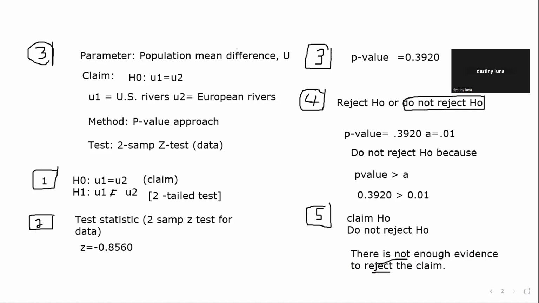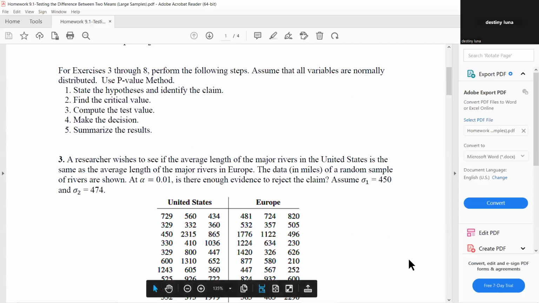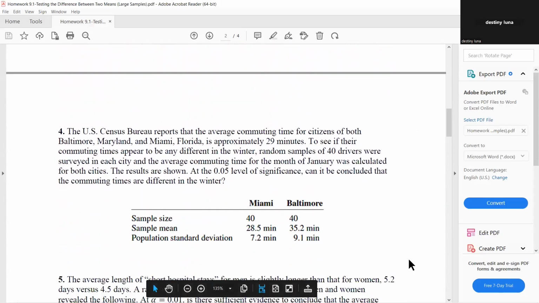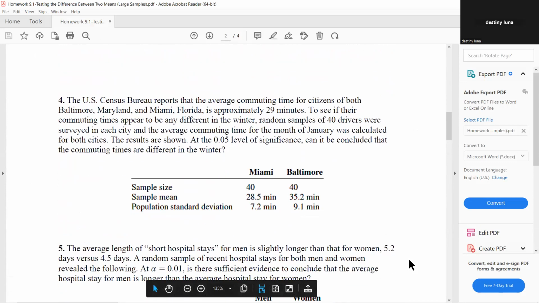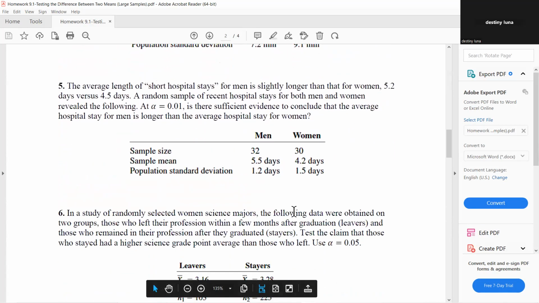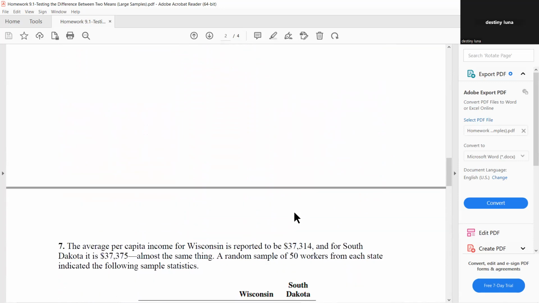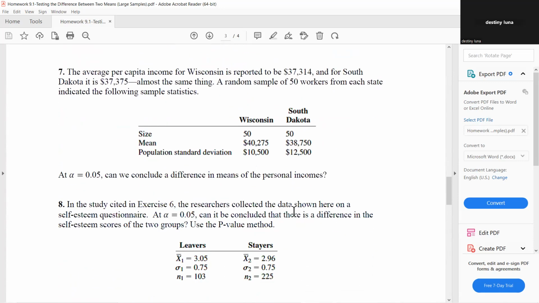If you look at the homework for this section, number 4 is a 2 sample, and she gives you the sample statistics. Number 5, the same. Number 6, sample statistics. Number 7, sample statistics. So this is the only one with data.